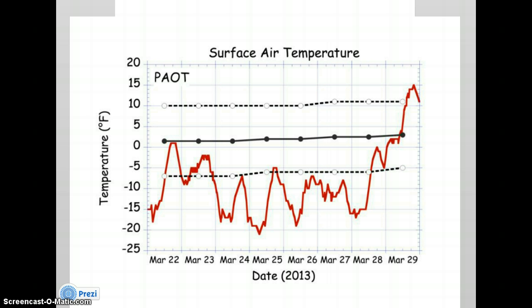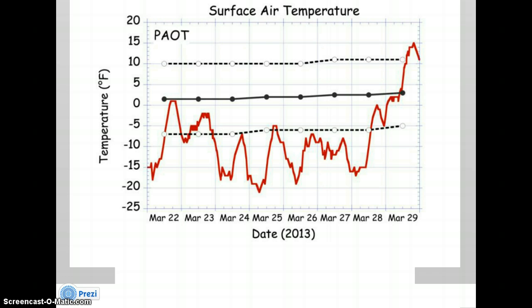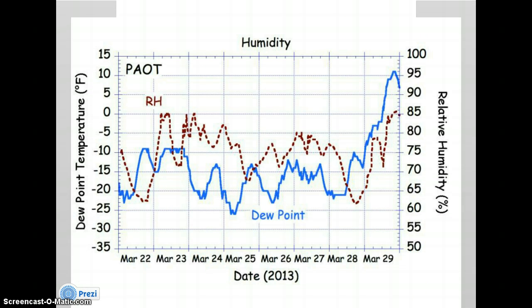And then it's pretty consistent up and down like that until the 29th when there's a sharp increase in temperature. And so the humidity and dew point follow this exact same thing, follow the temperature. As the temperature increases, the ability of the air to hold water increases, so the dew point increases and the relative humidity follows pretty consistently.